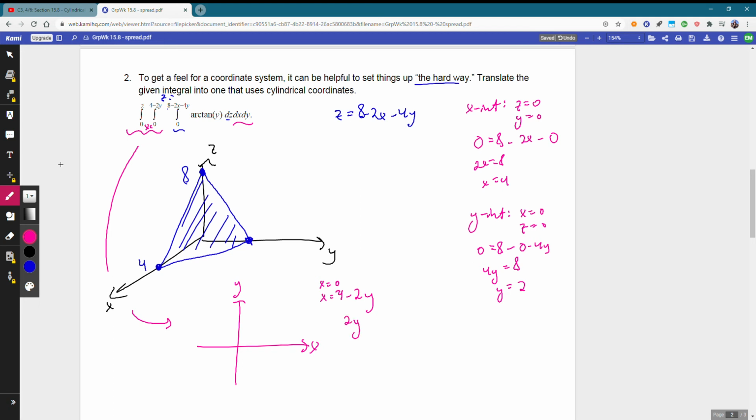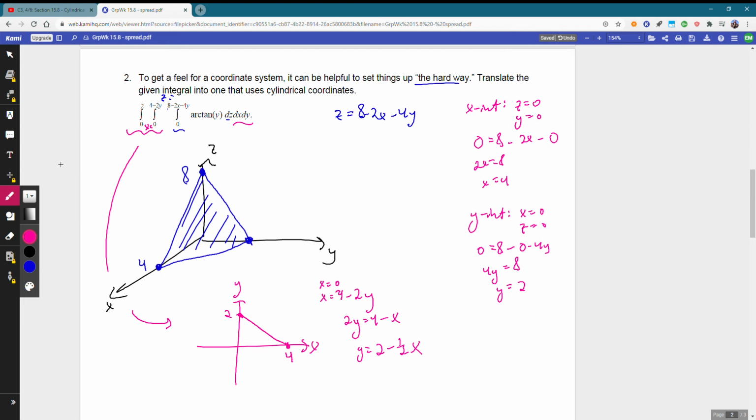We get 2y equals 4 minus x, or in other words, y equals 2 minus 1/2 x. So we can graph that. The y-intercept is going to be 2, the slope minus 1/2, and we will intersect the x-axis at 4.